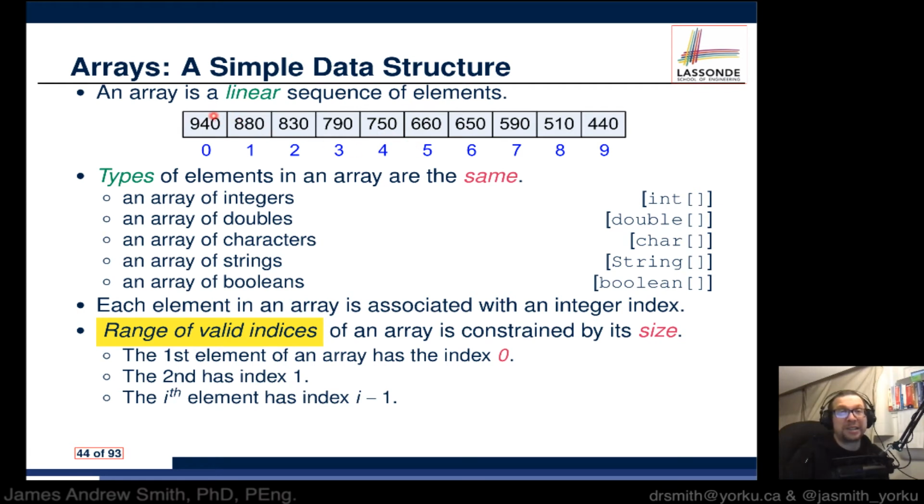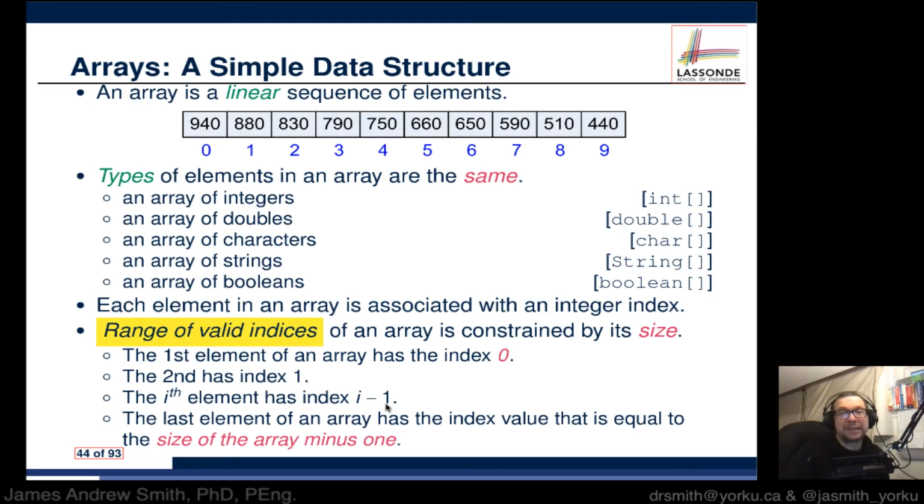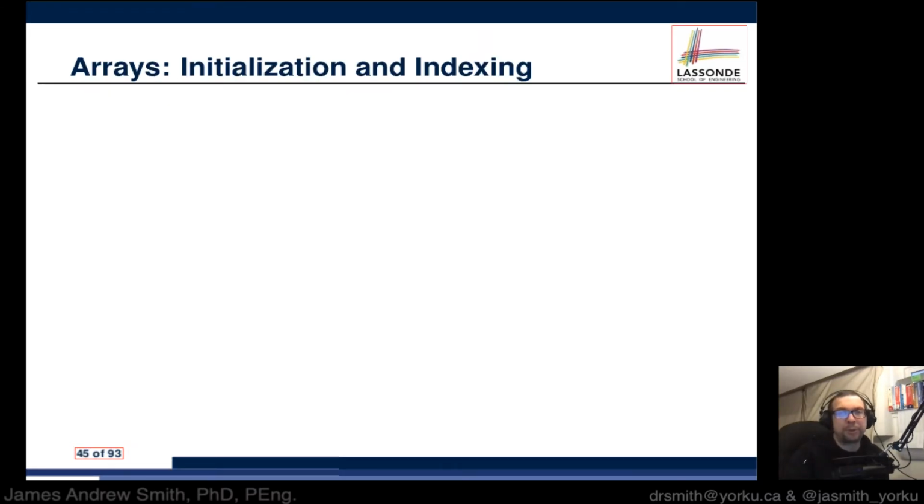So the sixth element in here: this is the first element, that's the second element, that's the third, that's the fourth, that's the fifth, that's the sixth element. The sixth element has an index value of 5. Okay, so i minus 1. The last element in an array has the index value that is equal to the size of the array minus 1, which follows from the previous point.